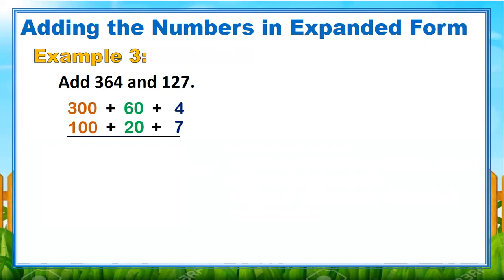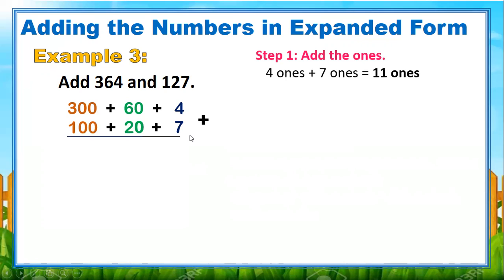Let us now do the addition. Okay, step 1, add the ones digits. So 4 plus 7, or 4 ones plus 7 ones is equal to 11 ones.